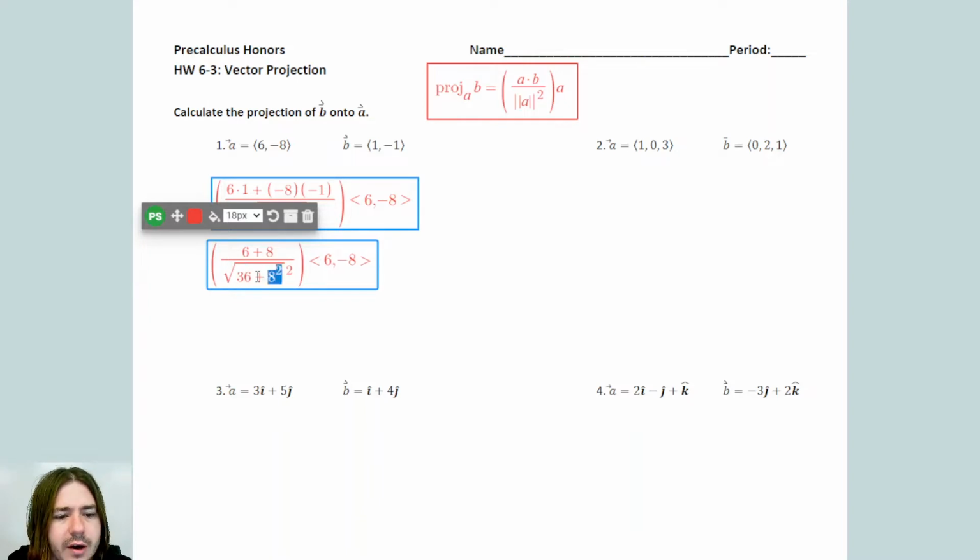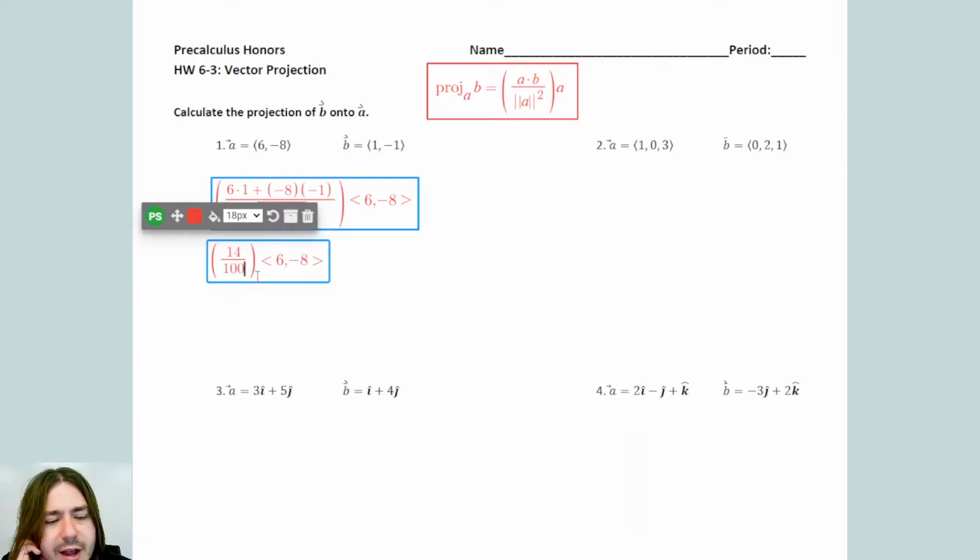And 8 squared is going to be 64. Okay. Taking the square root and then squaring it, that's just going to cancel itself out. So we can just delete those. And then 6 plus 8 would be 14. And then 36 plus 64 would be 100.